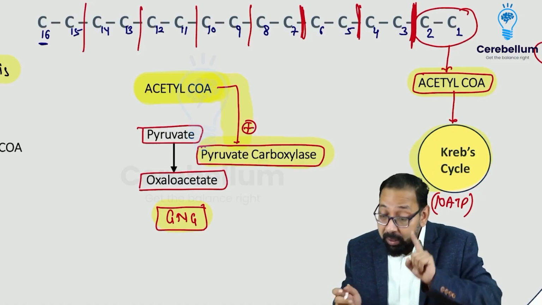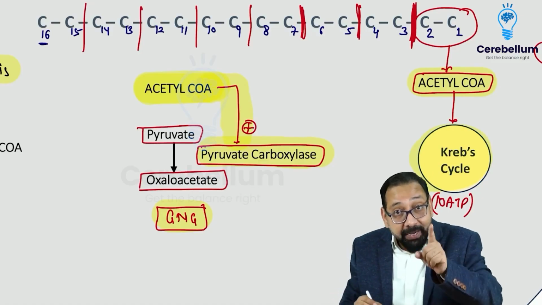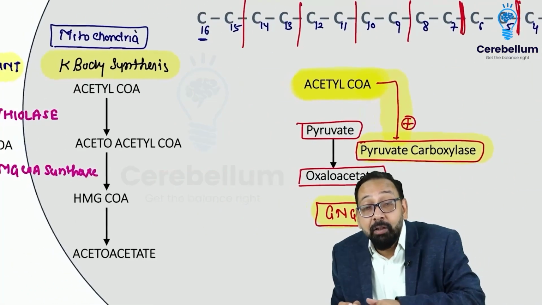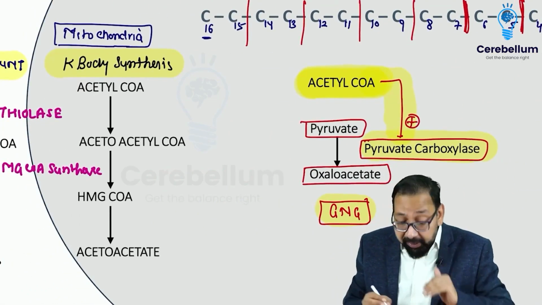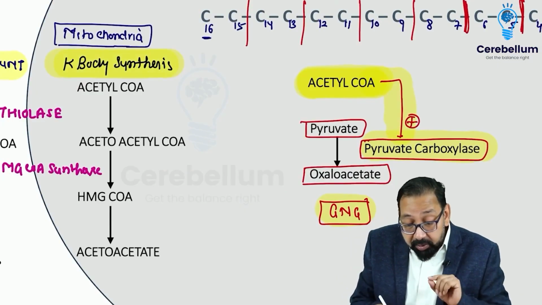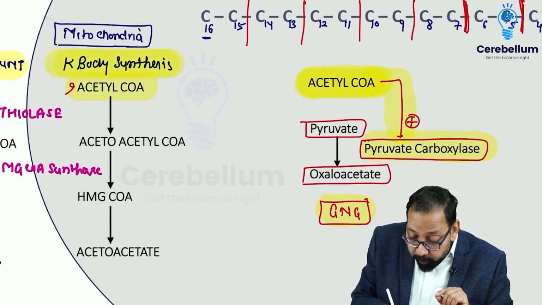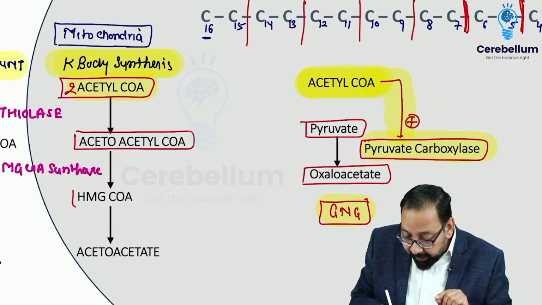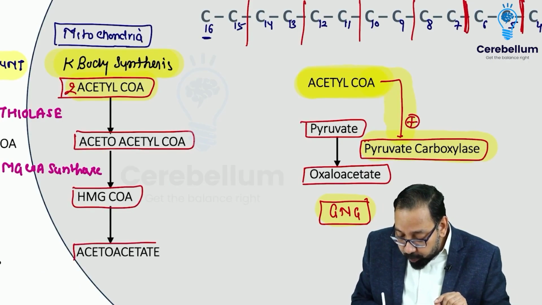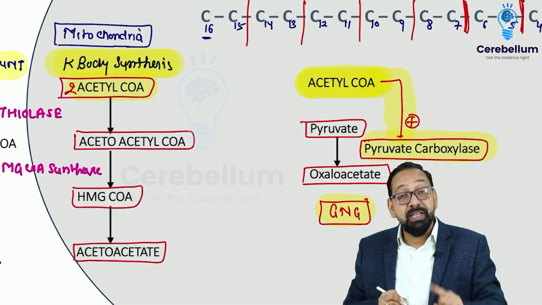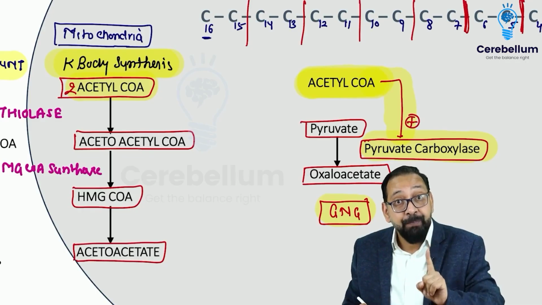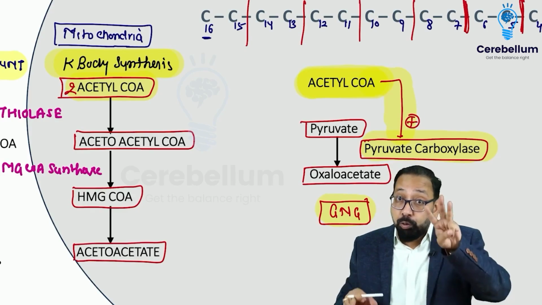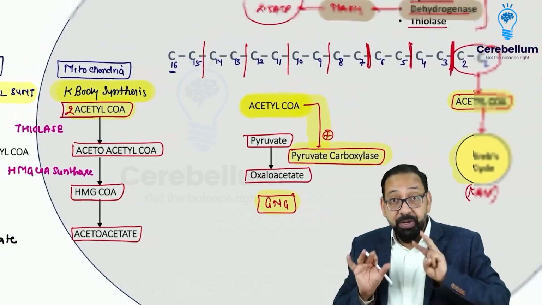So one function is energy production, the second is activating gluconeogenesis, and the third we just discussed is ketone body synthesis. The starting point is 2 acetyl coenzyme A joining to form acetoacetyl coenzyme A, then HMG coenzyme A, then acetoacetate, the first ketone body to be synthesized. So 3 functions I can enumerate here.